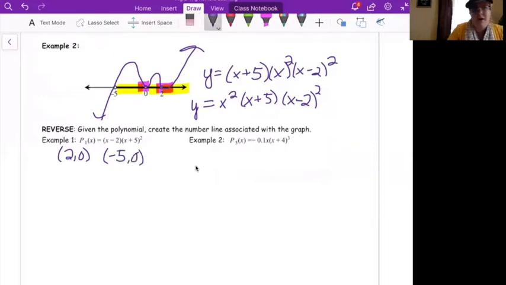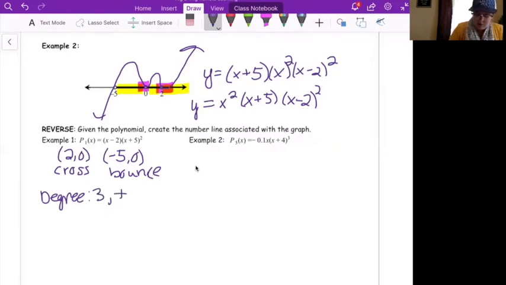And then because of the exponents, we know it's going to cross at 2, 0, and it's going to bounce at negative 5, 0. And so we also know that our degree is going to be 3, and then it's positive.